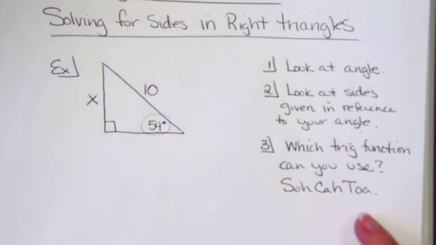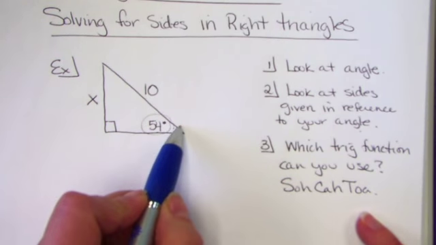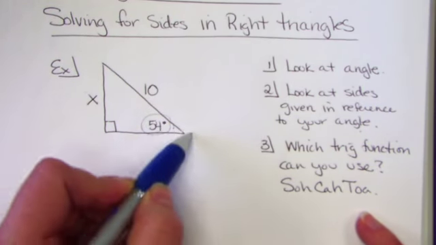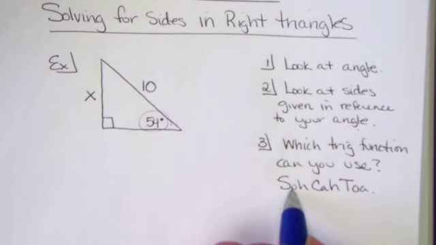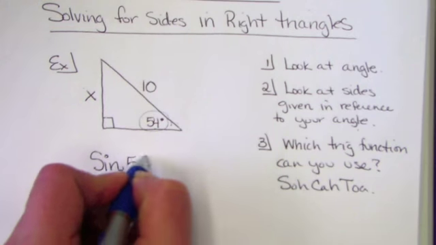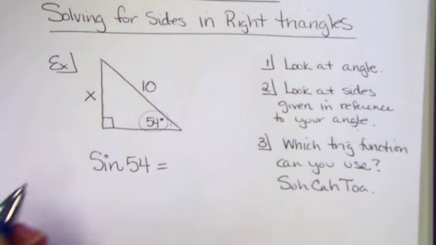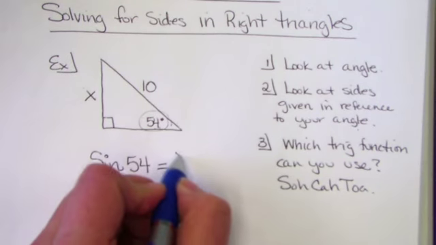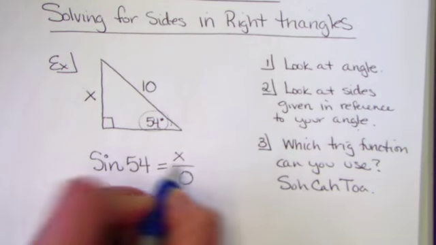So again, if you look at my angle, I have the opposite and the hypotenuse. Well, opposite and hypotenuse is going to be sine of my angle equals opposite x over hypotenuse.